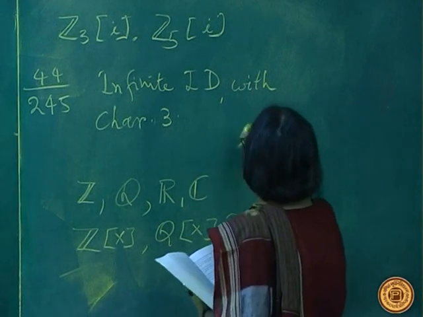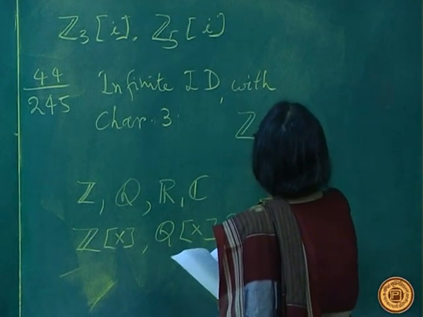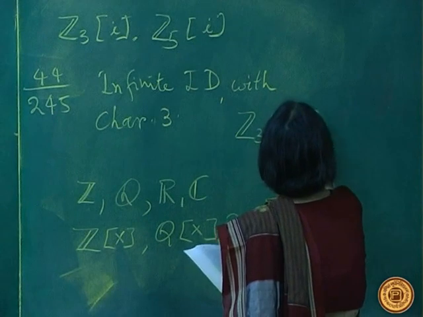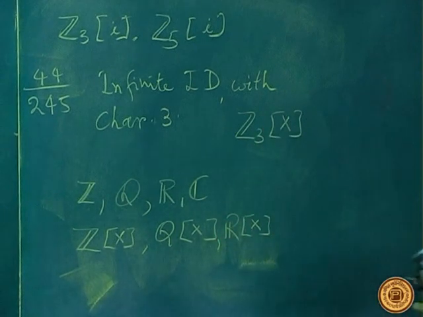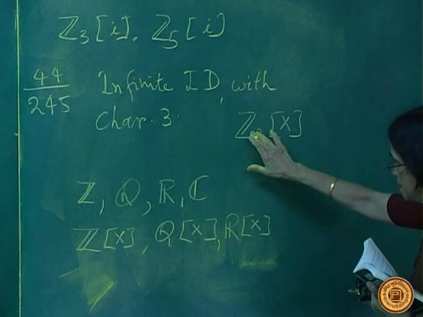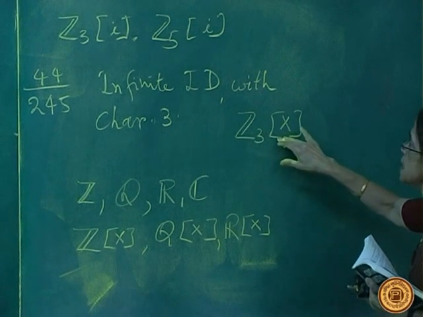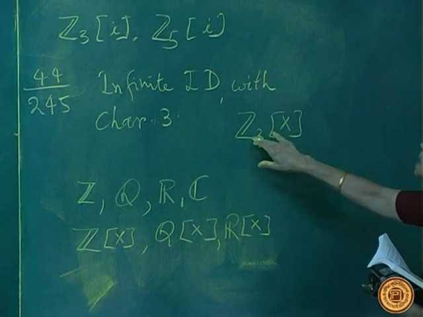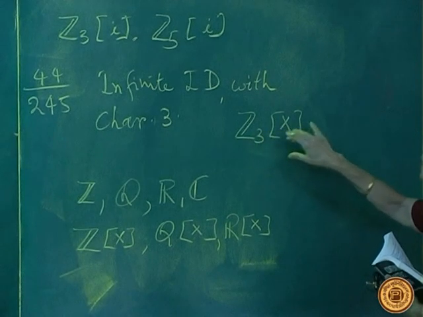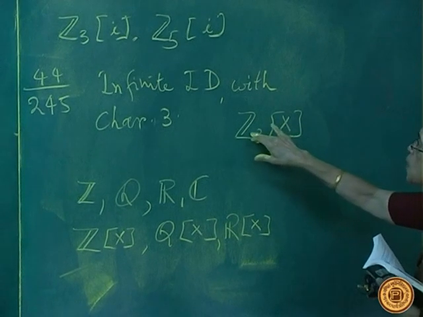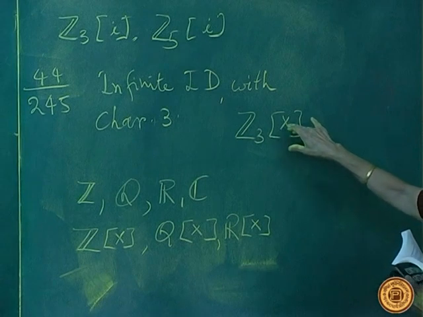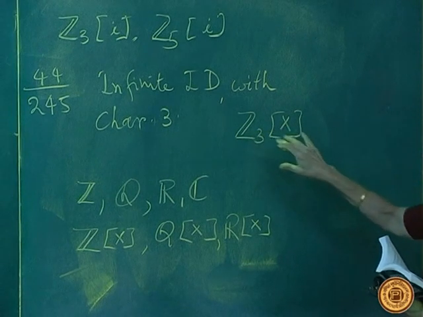So, if I look at polynomials in x with coefficients in Z3, mind you Z3 is a field. Now, Z3 is an integral domain, so this is also an integral domain. You can check that there will not be divisors of 0 in this ring also.